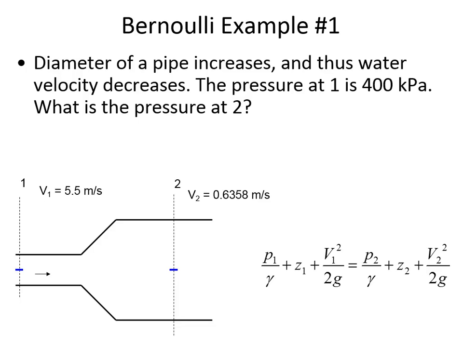Okay, and the reason why I haven't isolated the pressure term P2 is that I want to point out that this is 40.775 meters. This is 1.5418 meters. And that is 0.0206 meters.